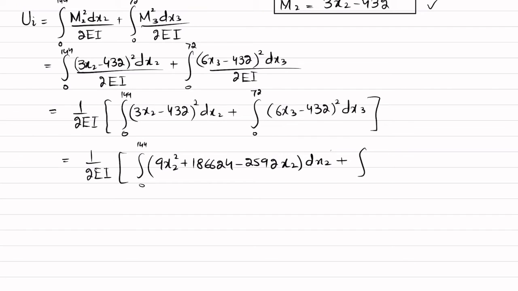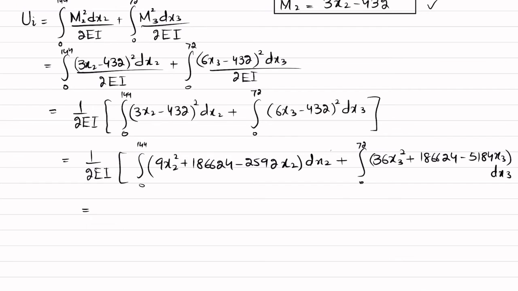Plus the integral from 0 to 72: (6x3) squared will be 36x3 squared, plus 186624, which is the square of 432, minus 2 times 6x3 into 432, which gives you minus 5184x3, and it will be into dx3. Okay, so now this is very easy.